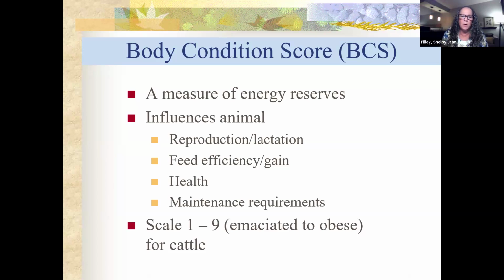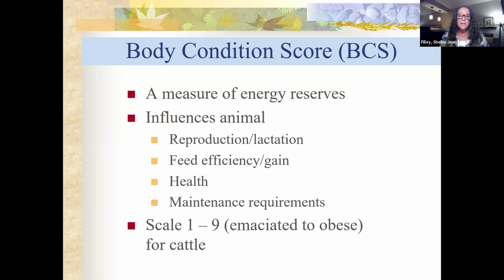So the body condition score influences the reproductive capabilities of the animal. If it's very thin, the body perceives the low condition through cues and tells the brain not to ovulate, for example. So if it's too low of a body condition, it won't be able to breed.